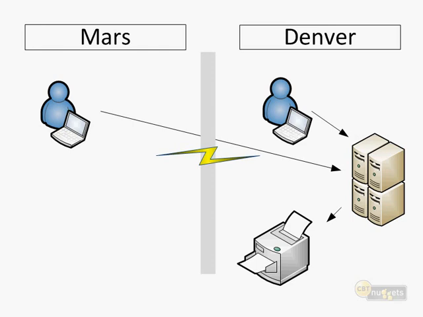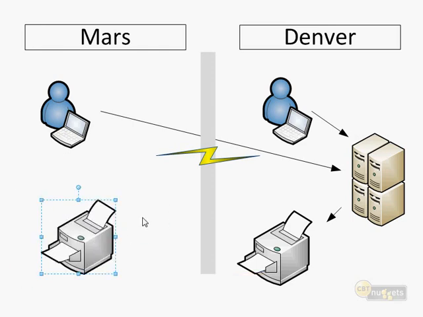Anyway, when that person prints, the likelihood that they're going to want to print to this printer is fairly low. Right? If the user is on Mars and they need to print and the print job spits out in Denver, well, it's going to take a while for that print job to get mailed to that person. They probably have a local printer, right?